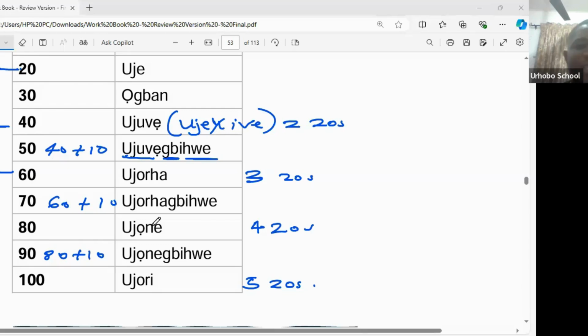Yes, Donna, try it. Count from 40 to 50. Ujuve. Bravo. Fantastic. Continue. Ujuve Rive.